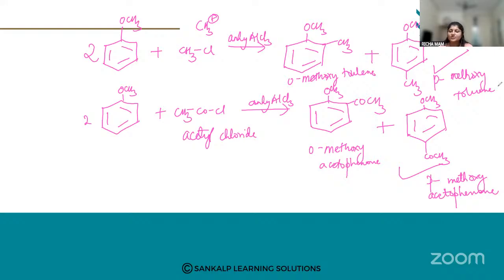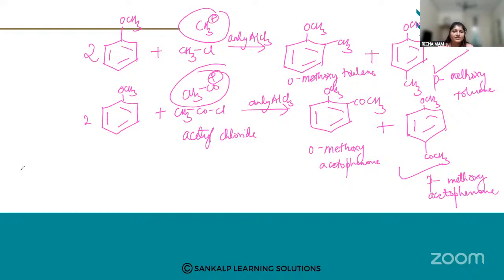Friedel-Crafts reactions always take place in the presence of Lewis acids like anhydrous AlCl3, and the alkyl group or the acyl group is the electrophile, which will be introduced on the ortho and para positions.